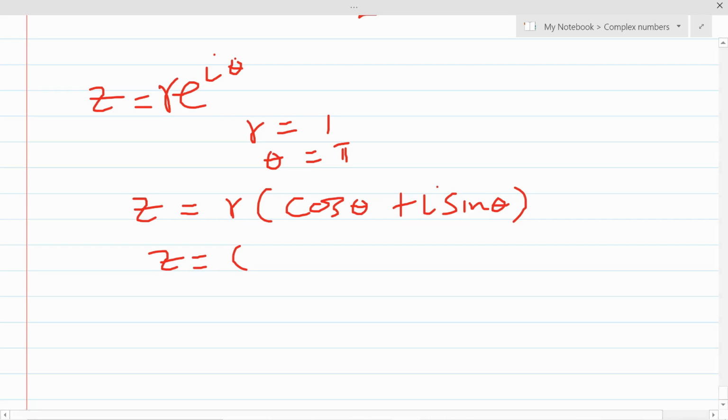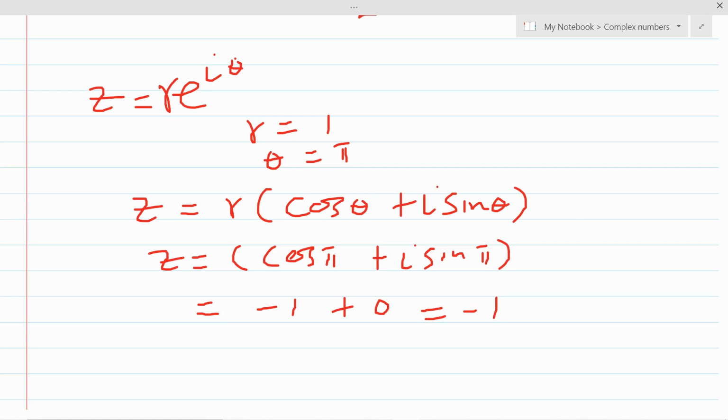Cos theta becomes cos pi plus i sine pi, and this will be equal to, cos pi is what? Cos of 180 is negative 1, then plus sine pi, sine of 180 is what? 0. So this will be equal to negative 1. So this means z is actually equal to negative 1 when r is 1 and theta is pi.